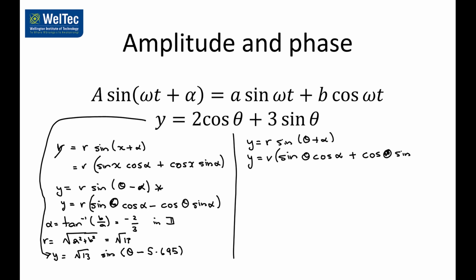That's a theta, and that's an alpha. R is equal to the square root of a squared plus b squared.